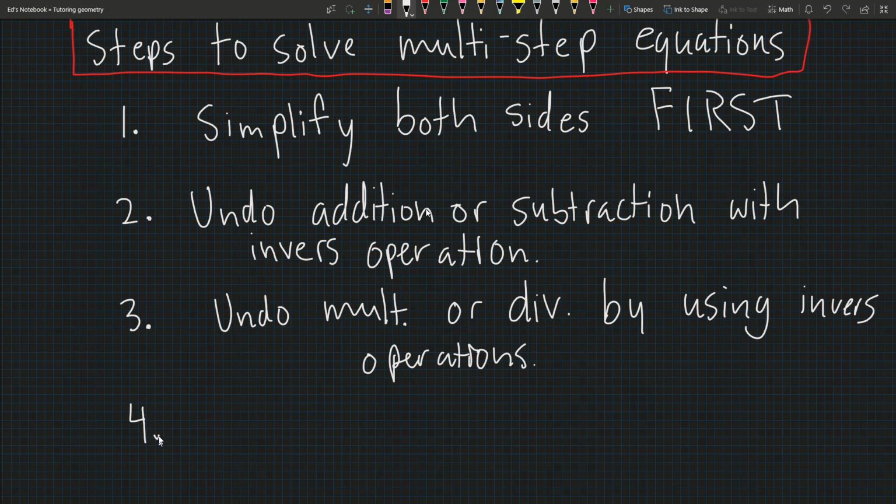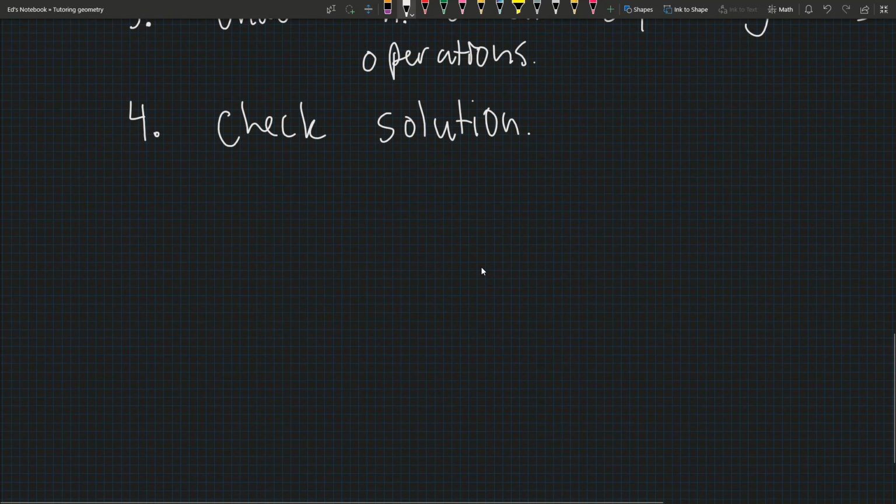And then check solution. You also might want to write it with the variable on the left. I don't care as much. I know it says that in your notes. Most books want you to do that and things. But yeah, so those are going to be the steps. Pause the video, write this down, then we're going to practice a couple and we're going to be done.